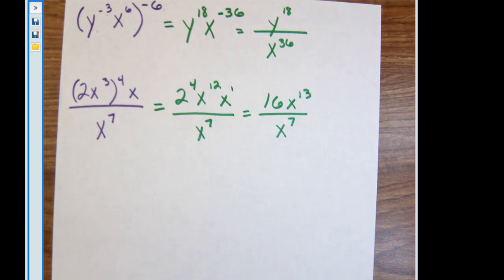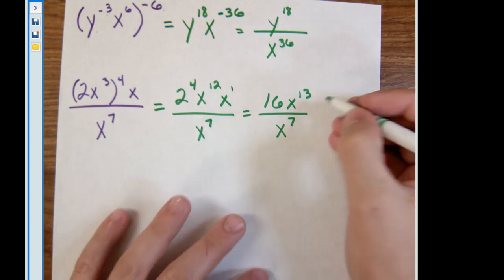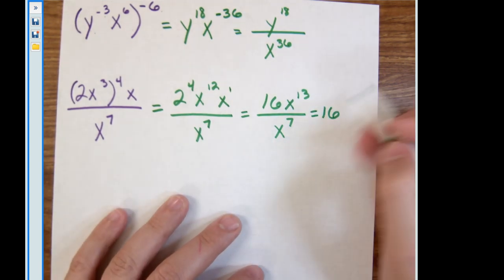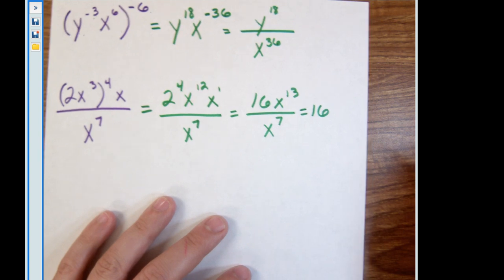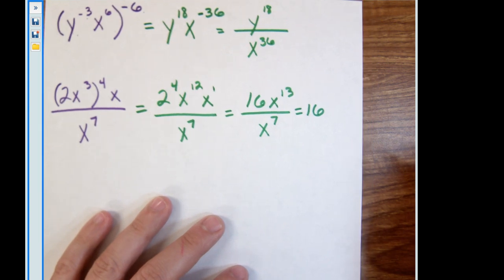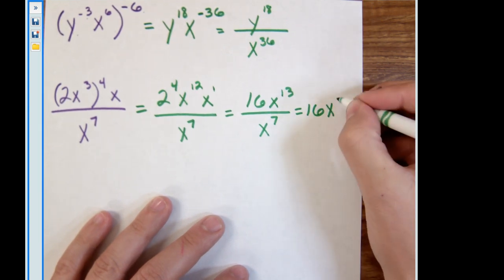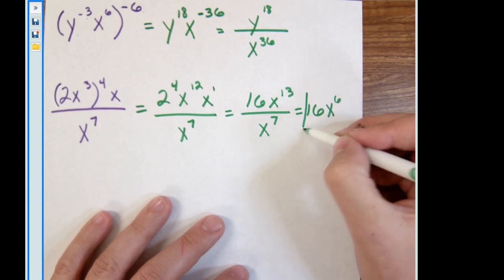I can this time. I can reduce it. Because the variables are the same, they're both x's. So I can go ahead and put this together. The 16's fine. X to the 13th over x to the 7th is x to the 6th. You subtract it.